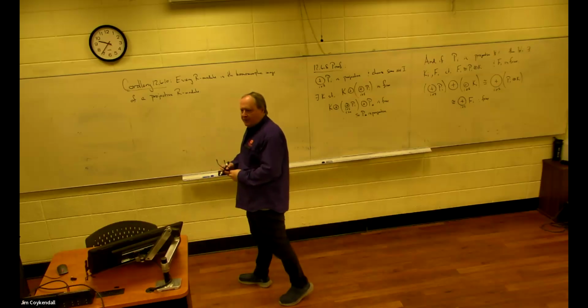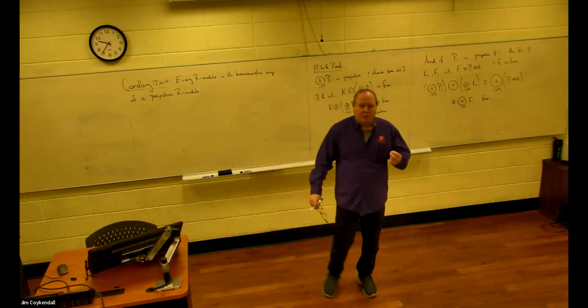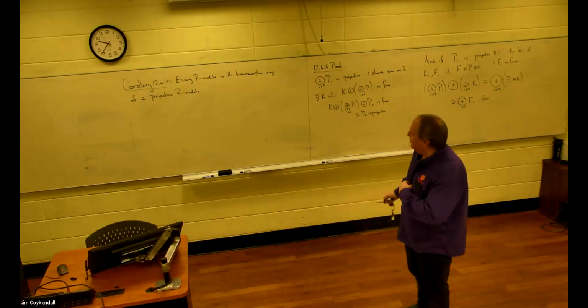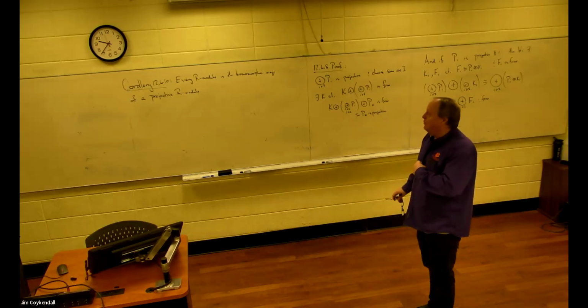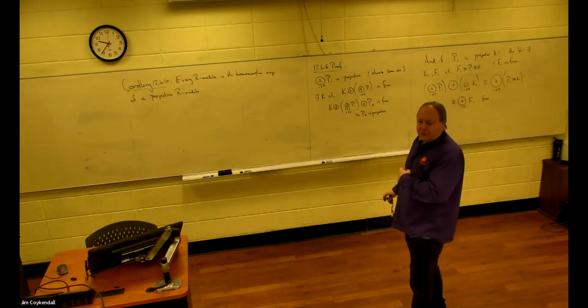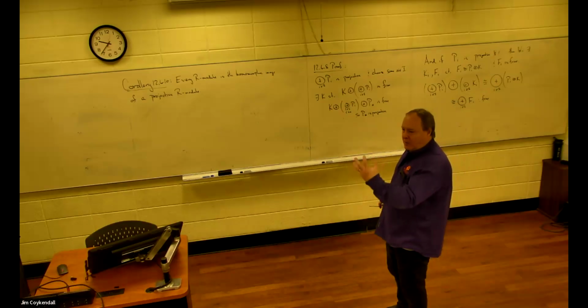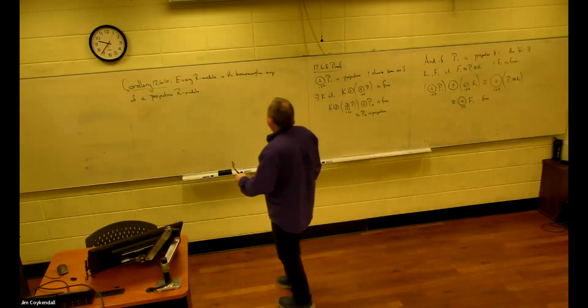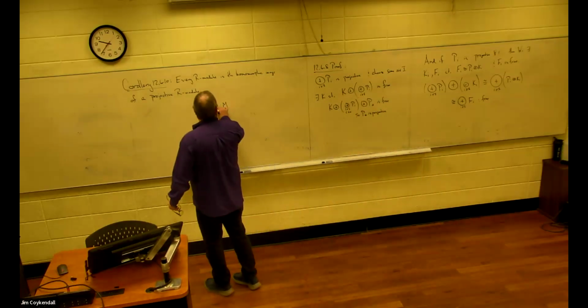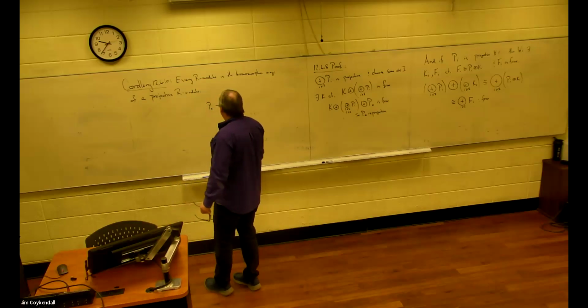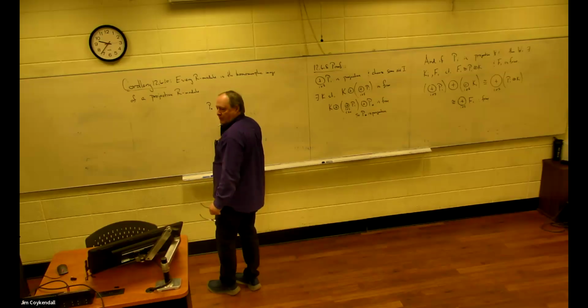Why do I make this observation? Because when you do homological algebra, often what you want to do is get a projective resolution. So you start with some module. It's the homomorphic image of a projective module, so this is onto.